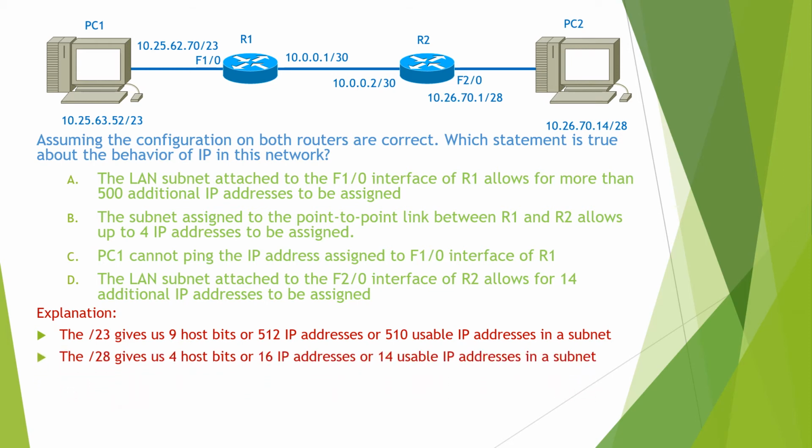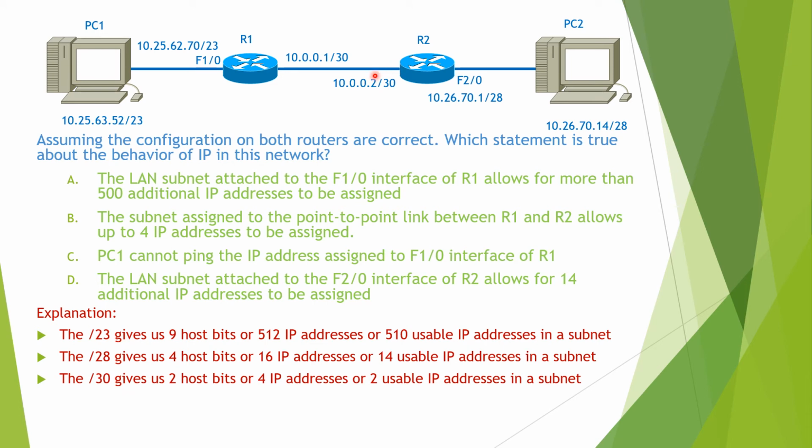The /28 gives us 14 usable IP addresses in a subnet. From the diagram, we see 2 IP addresses have been assigned. Therefore, we can only assign up to 12 additional IP addresses, which makes D incorrect.